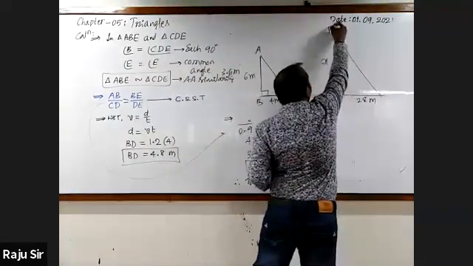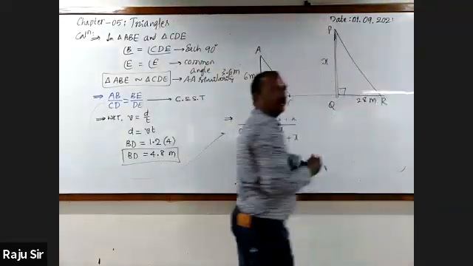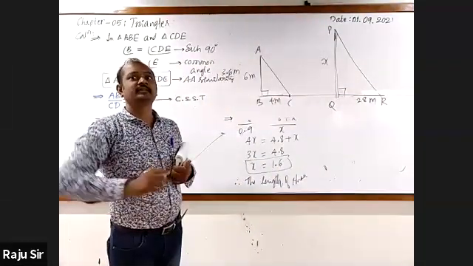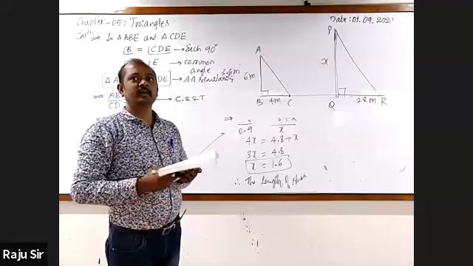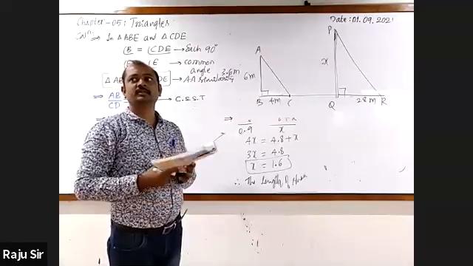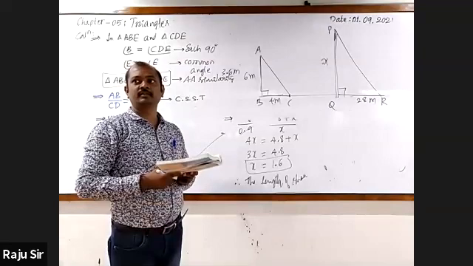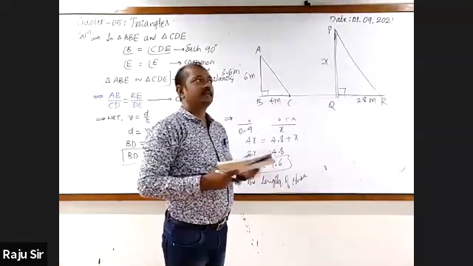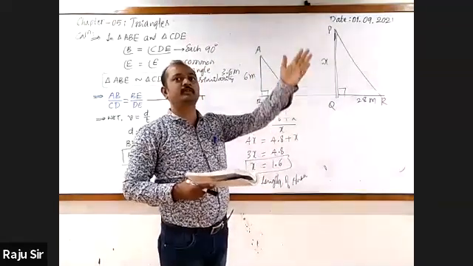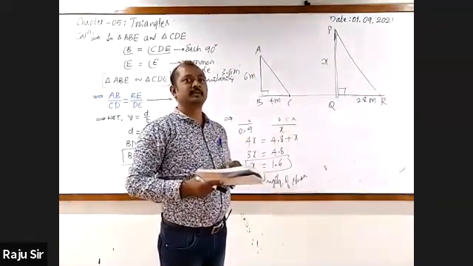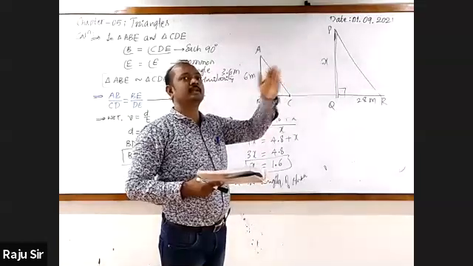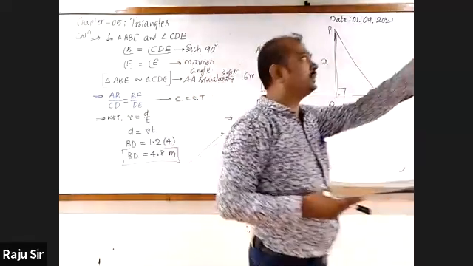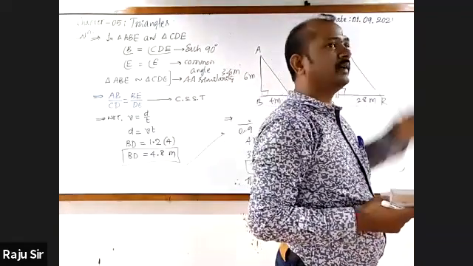Now, angle B equal to angle Q. The angle at which we see the object when it is above our horizontal view: if I want to see it, I should raise my head.